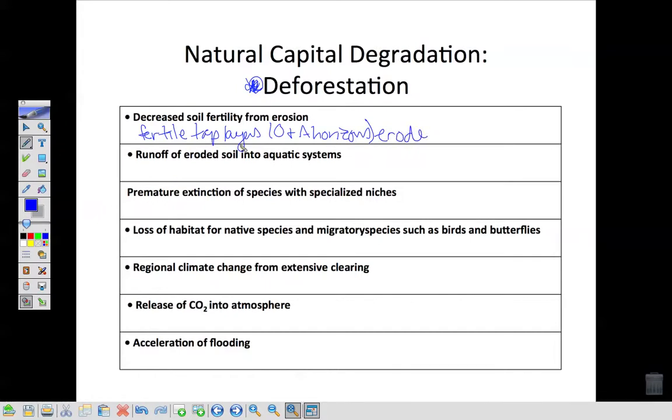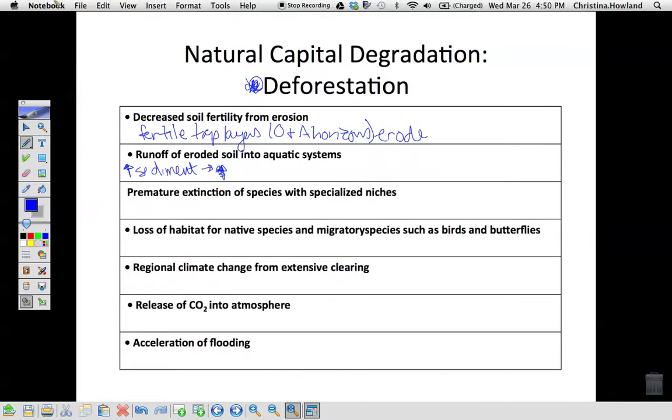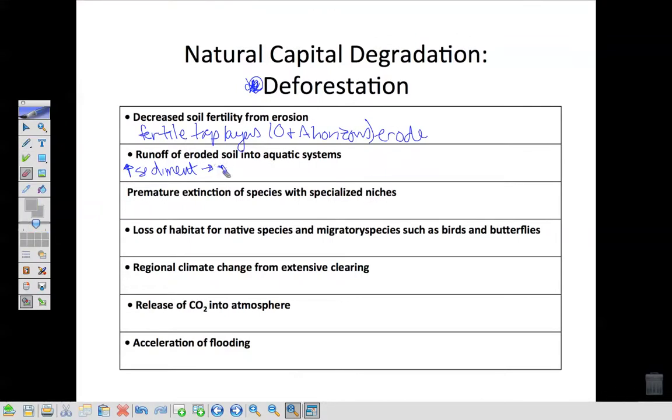Runoff from soil into aquatic ecosystems. So this leads to an increase in sediment, or sedimentation, which could change water depths, which could then change deltas.